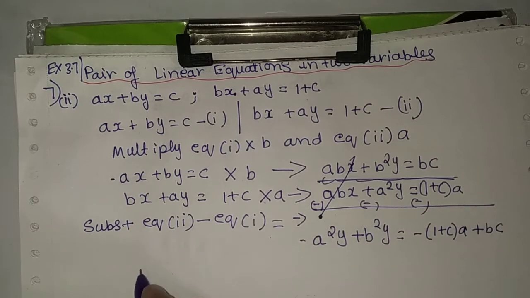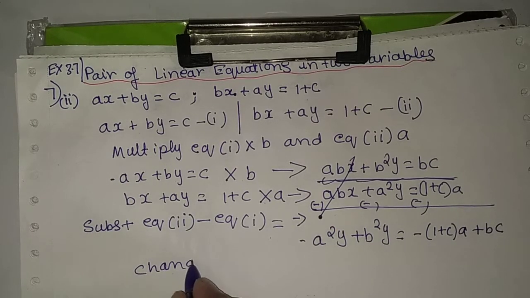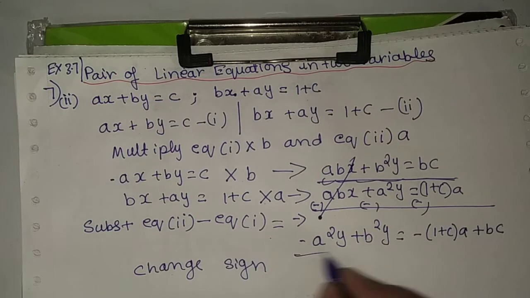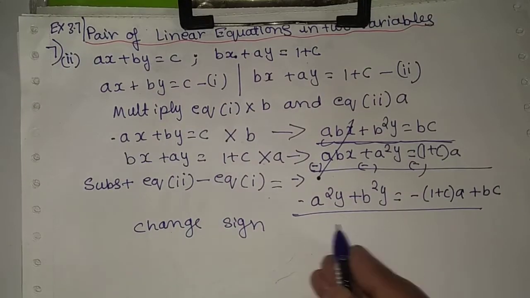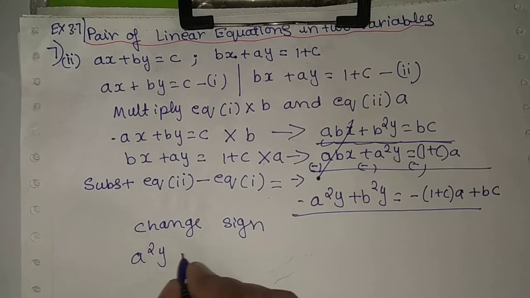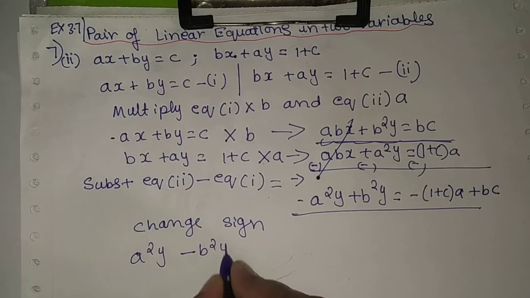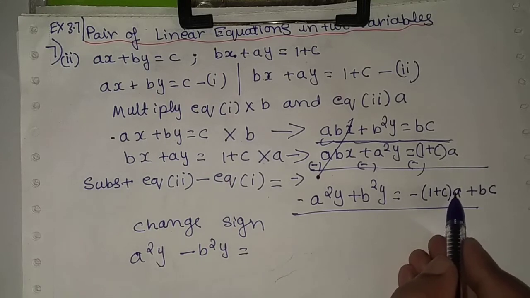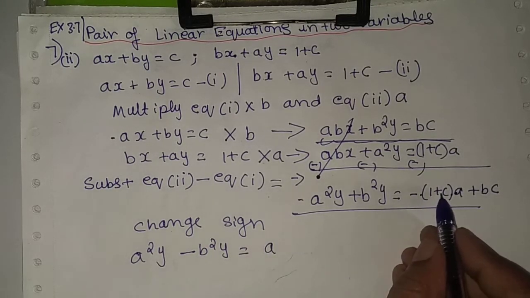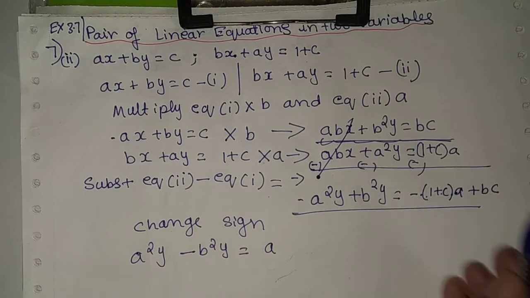Now we'll change the sign and write down this in the proper form. So I can change the sign, that is a², minus comes here, b²y is equal to this one, bring a inside the bracket, then we can write a; when we change the sign this becomes plus.